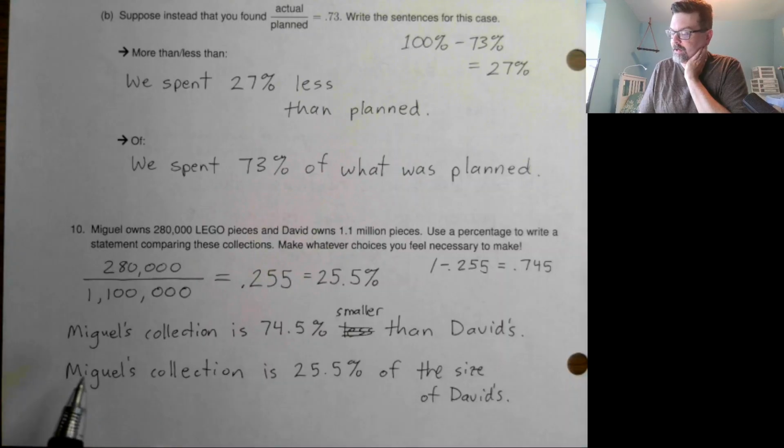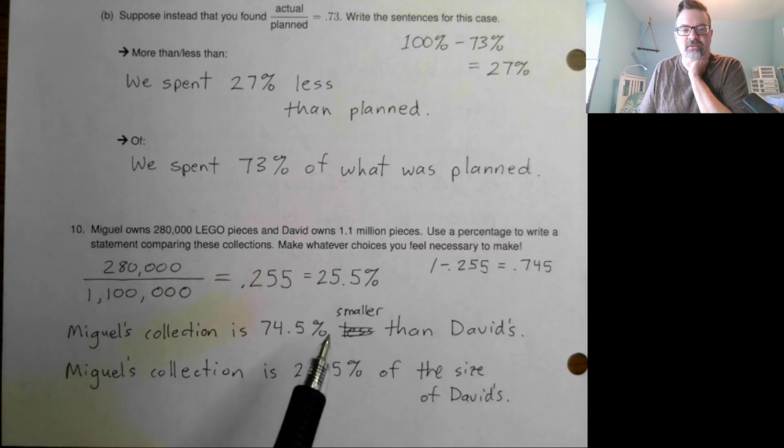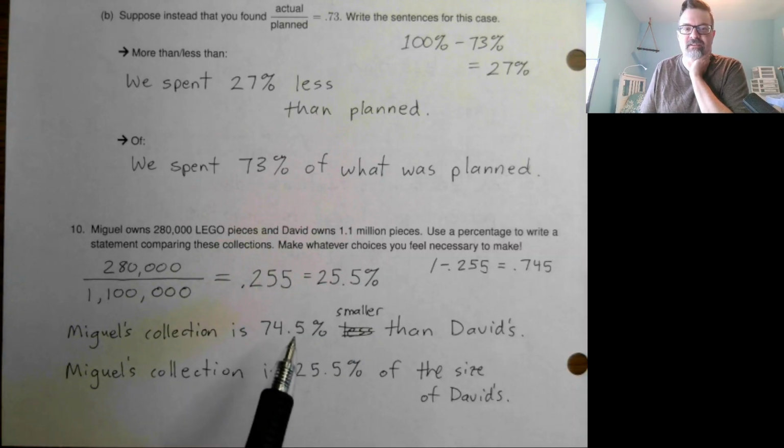Anyway, so Miguel's collection is 74.5% smaller, or his number of pieces is 74.5% less than David's. His collection straight up is 25.5% of the size of David's. And that should do.